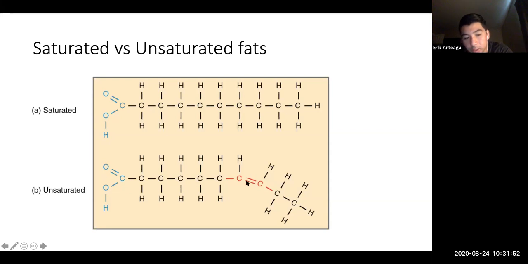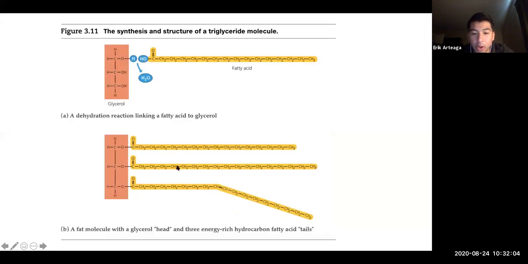Okay, and the liquid state is caused by these double bonds that are going to be throughout those fatty acid chains. Those double bonds again will provide space, right? So if you look here, if all of these had multiple double bonds, you'll have spacing between those triglycerides. That space contributes to the liquid state of this specific fatty acid or triglyceride.